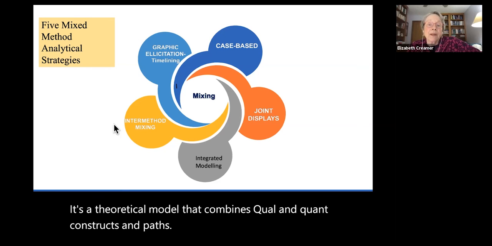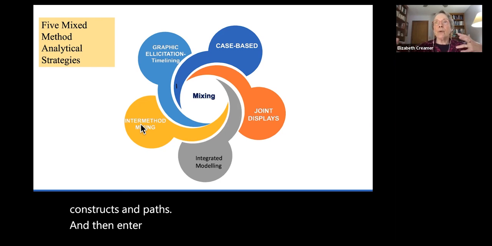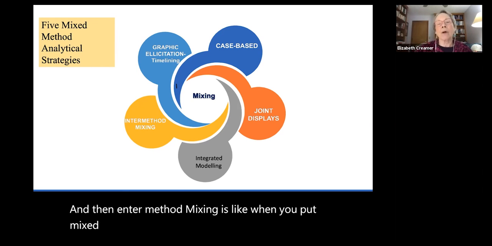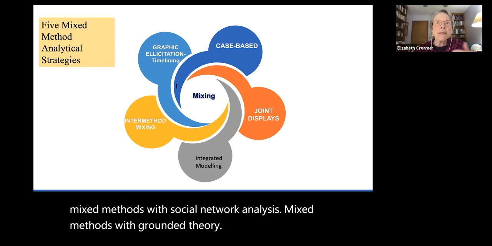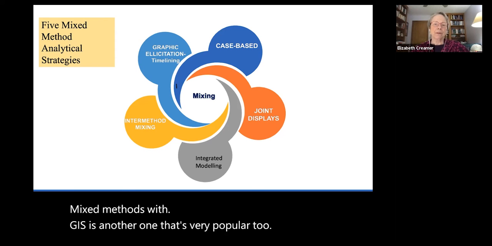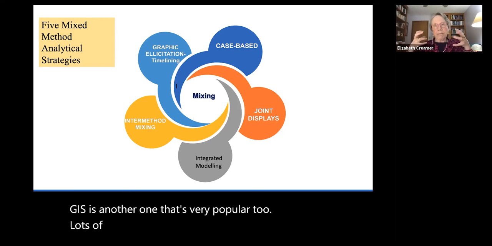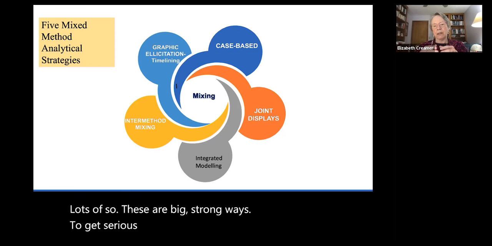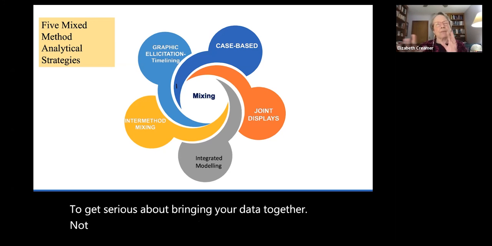And then intermethod mixing is like when you put mixed methods with social network analysis, mixed methods with grounded theory, mixed methods with GIS, which is another one that's very popular too. So these are big, strong ways to get serious about bringing your data together. Not necessarily your data, well, your data and/or your findings.